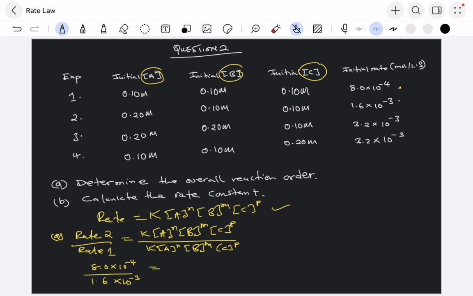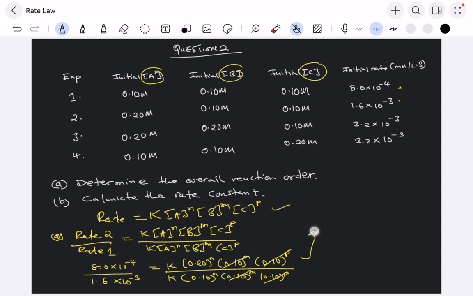So this gives us K. So rate 2 is 0.2, this is N, then 0.10, this is M, then 0.10, this is P, then divided by K. The first experiment will have 0.10, this is N, 0.10, this is M, then 0.10, this is P. So we notice that this and this will cancel, that and that will cancel.